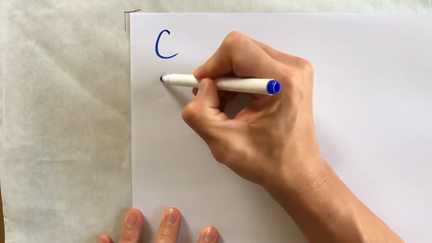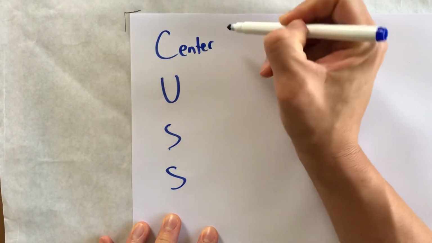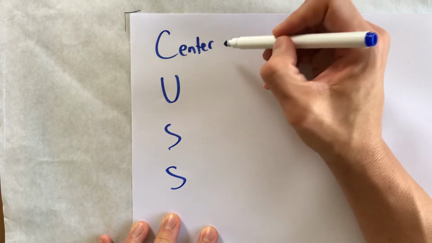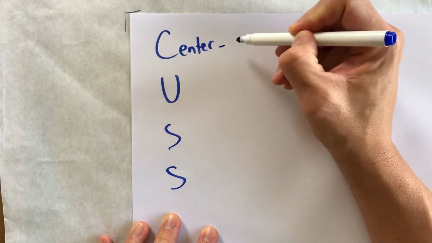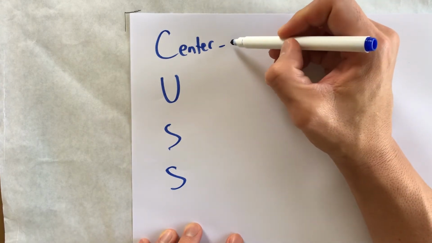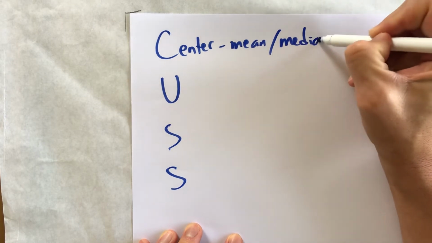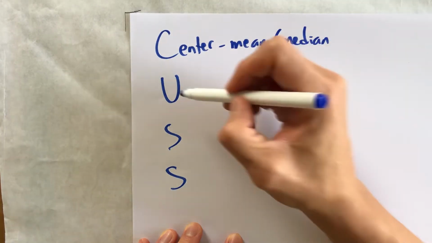And lastly, which is a big portion, is CUSS. Okay, so center. For now, we're just eyeballing it. Later we'll work on calculating, but for right now, for center, just eyeball where the mean or the median would be.